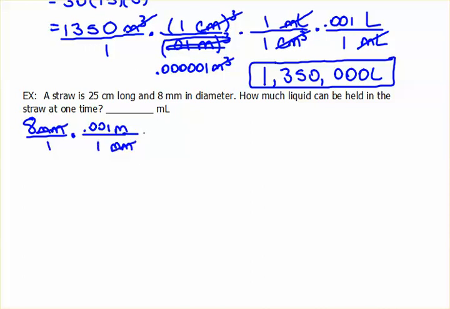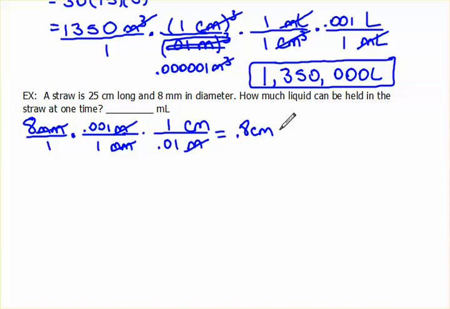That cancels out my millimeters. And now I don't want meters, I want centimeters, and there's 0.01 meters in a centimeter. So that would cancel out my meters and leave me with 8 times 0.001 times 1 divided by 0.01, and we should end up with 0.8 centimeters.